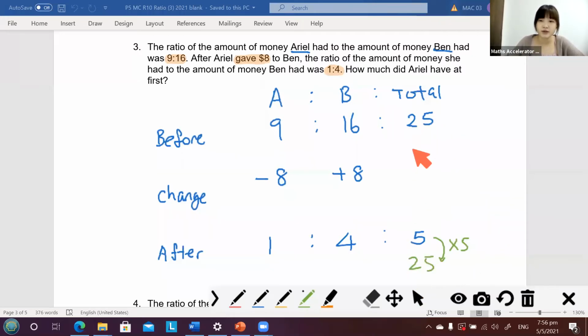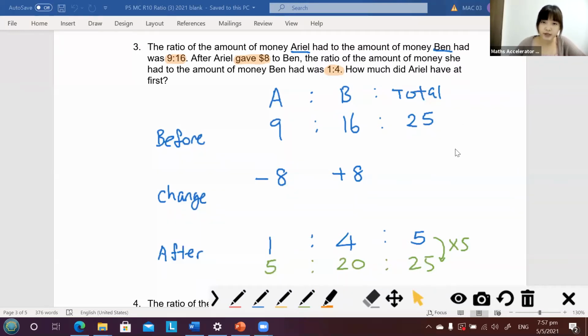So it's not always that you need to times something to both of them. You just need to make sure you're multiplying so that they can become the same. There are times where you don't even need to times anything. When it's already the same, you can just compare straight away, if the question is simpler. So you times throughout, this is 20, and 1 times 5, 5.